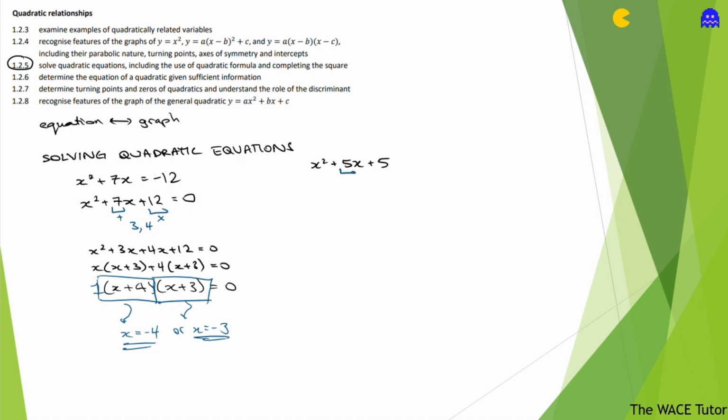And in this case, it's a little bit less clear what sums to 5 and what multiplies to 5 here. So it's a little bit more tricky than just looking at it and identifying two numbers, because in this case, that's pretty much impossible. So what we can do instead is use something called the quadratic formula, if it's not so clear.